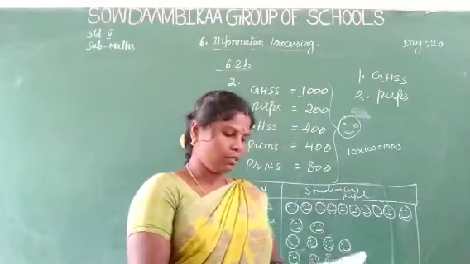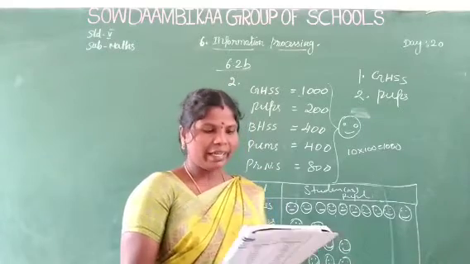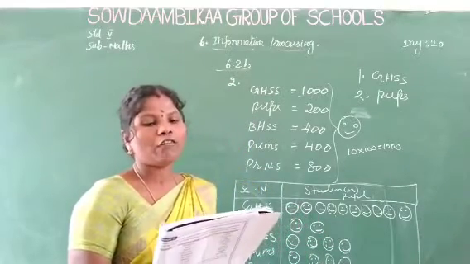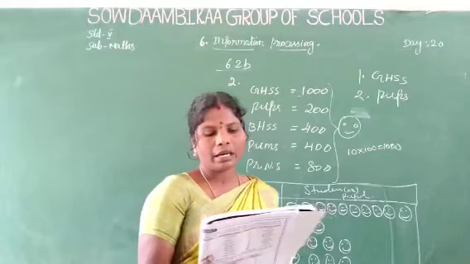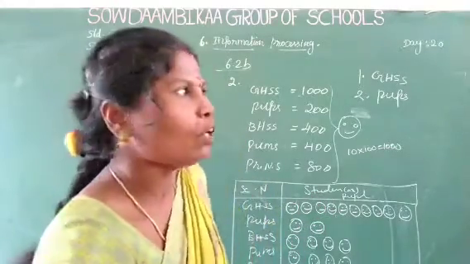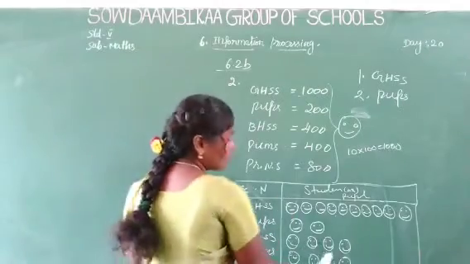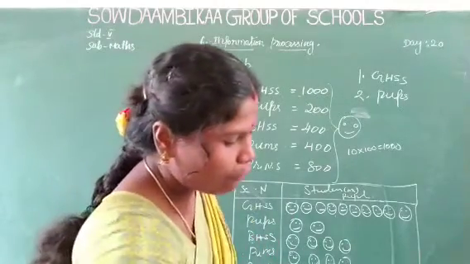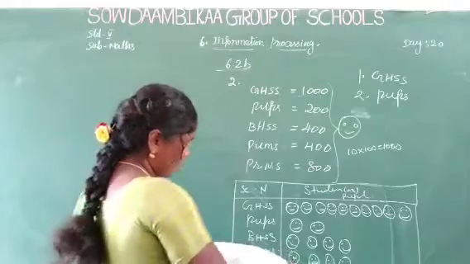The next one, take the page number 90, 6.2c, graphical representation of data. Graphical representation means tally marks. The pictograph is only drawing pictures, the same graphical representation of data. Next thing, tally marks.